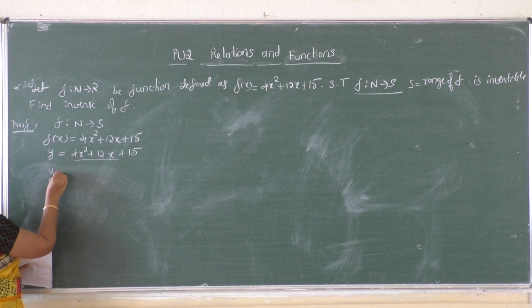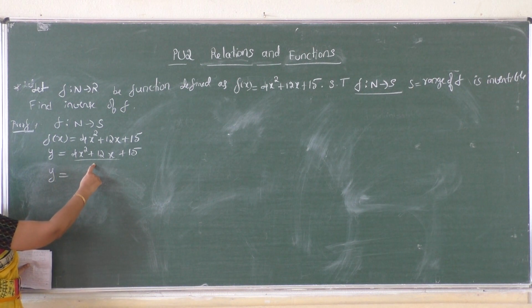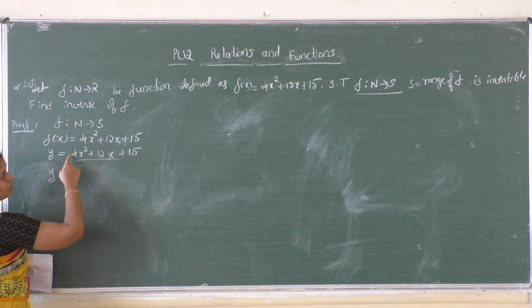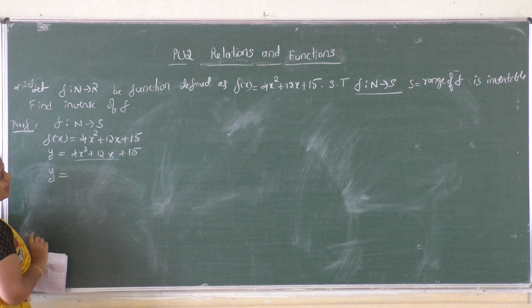Now for that matter I am writing y equal to, completing the square. You can see that this is a quadratic equation, so write the quadratic expression as a perfect square.